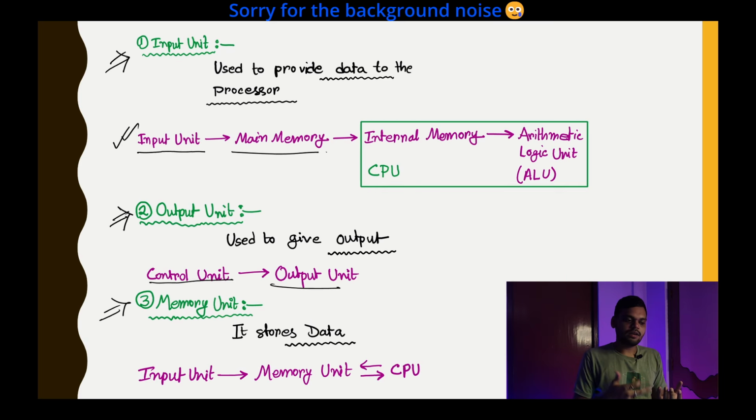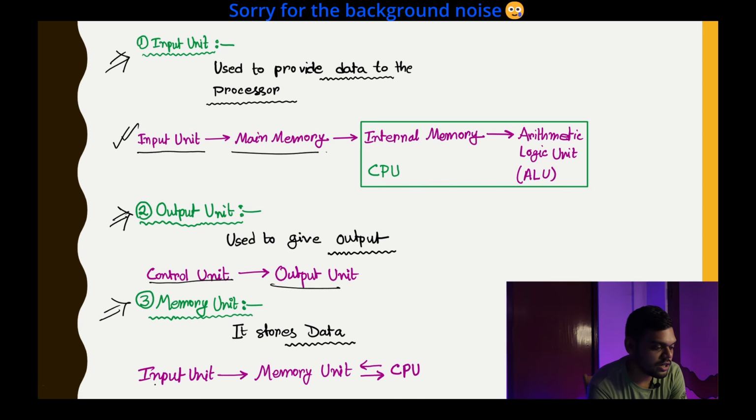After completing some operations on that data, the CPU can store it to the main memory again. So this is the flow. The main memory is interacting with two components: one is the input unit and another is the CPU.